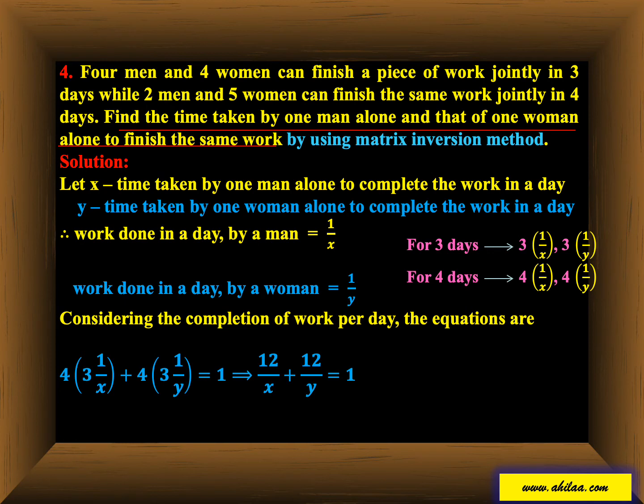So 4 into 3 into 1 by y equal to 1. So the equation is 12 by x plus 12 by y equal to 1. Similarly, from the second statement, we get the equation 2 into 4 into 1 by x plus 5 into 4 into 1 by y equal to 1. From that, 8 by x plus 20 by y equal to 1.